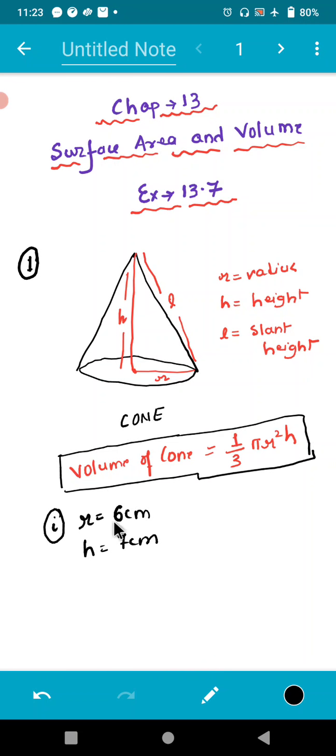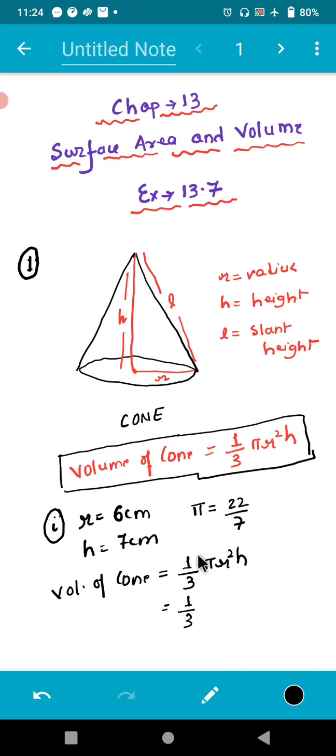So with these two values we have to find out the volume of the cone. The volume of a cone is 1 by 3 pi r square h. The pi value is also given in the question as 22 by 7. So 1 by 3, and the pi value is 22 by 7.